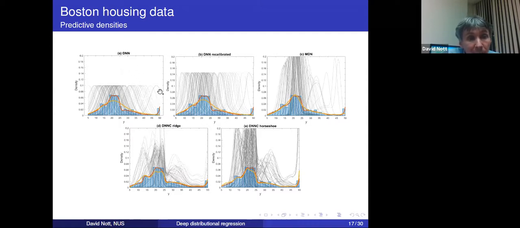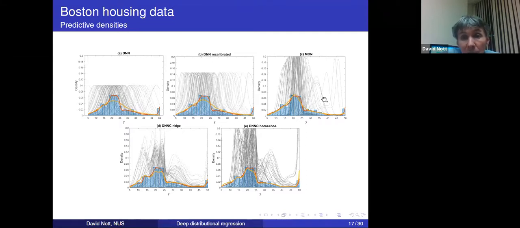There we just have a plug-in Gaussian predictive distribution. As you can see, these predictive distributions only vary by location. There's no adaptivity of the shape of the predictive distribution to the features. Here is the probability recalibrated version of the naive deep neural network. Here the predictive densities are now non-Gaussian, but again, there's not much variation in the shape of those predictive distributions over the space.